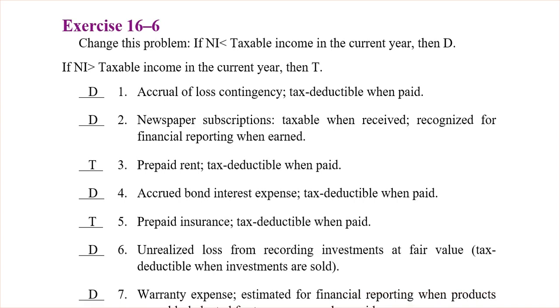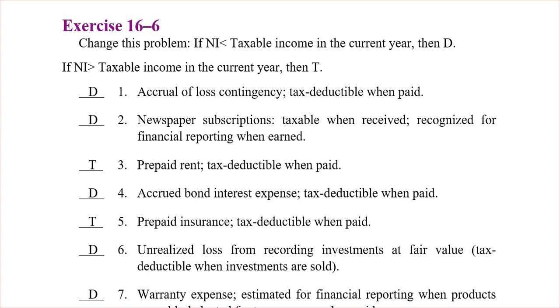Accrual of a loss contingency: since it only shows up in the taxes when we actually pay it, and you're accruing it, you're going to cause net income to be less than taxable income. You're going to have to add to get to taxable income, and that's going to create an asset. Prepaid rent, and this is you paying the rent.